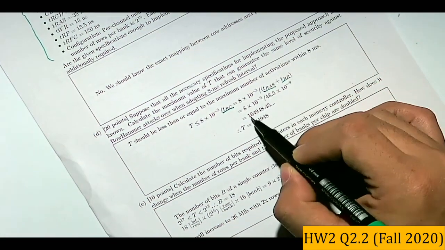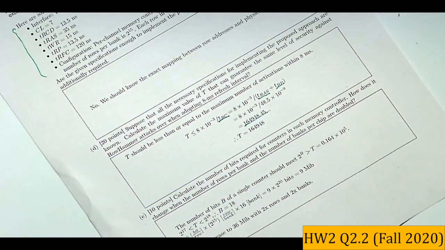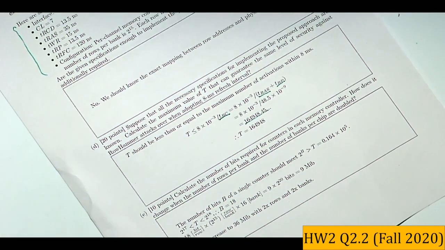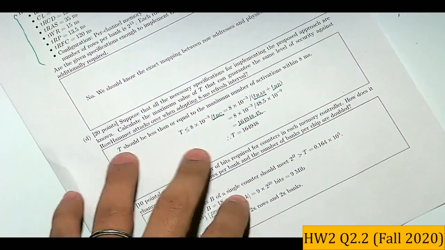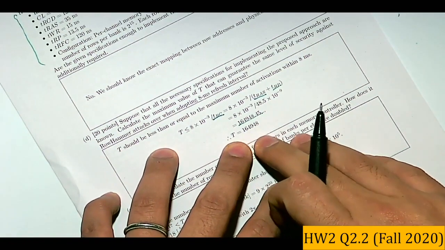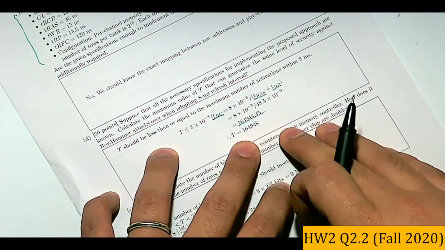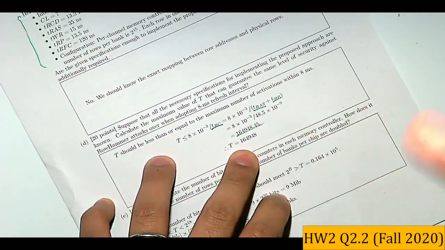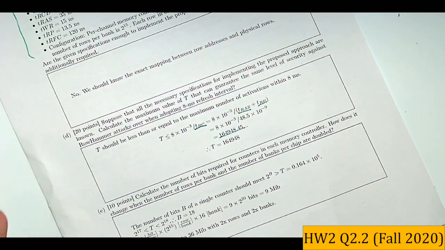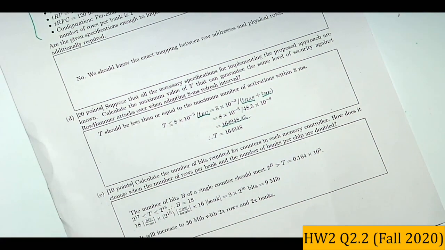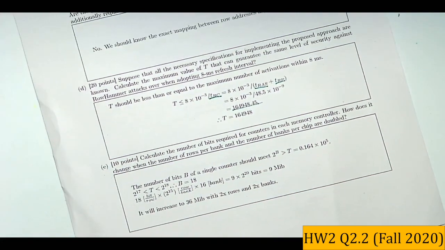It means about 65,000 activations are possible in a single 8 milliseconds. So if we set the threshold value as this value, then we can at least guarantee the same level of security against RowHammer attacks as with the 8 millisecond refresh interval. Make sense?